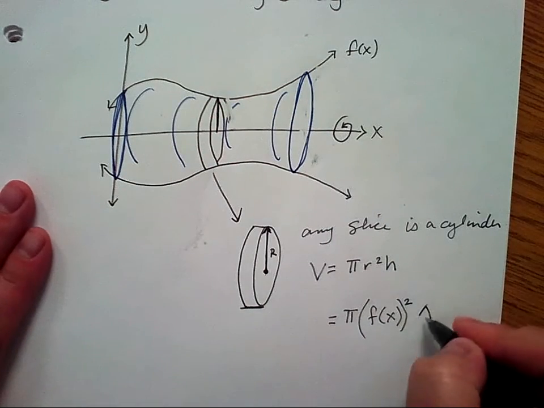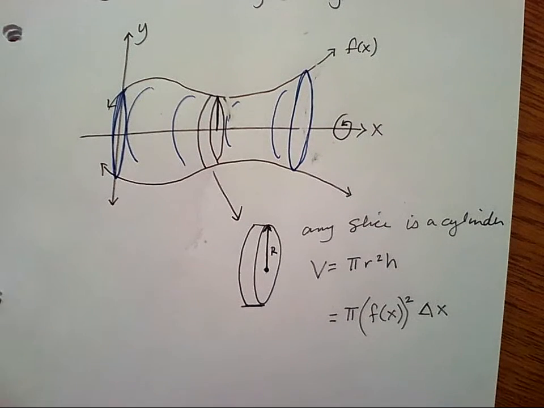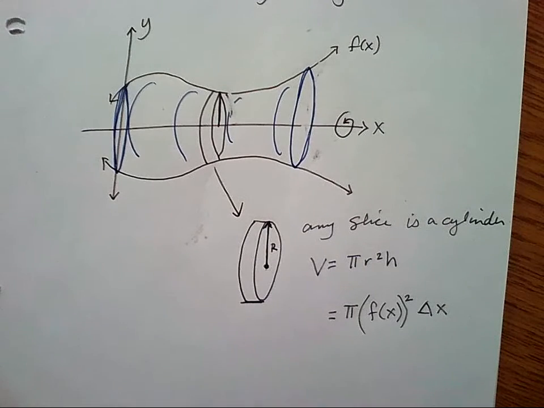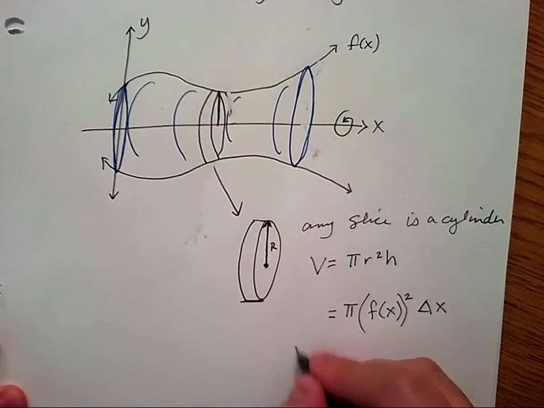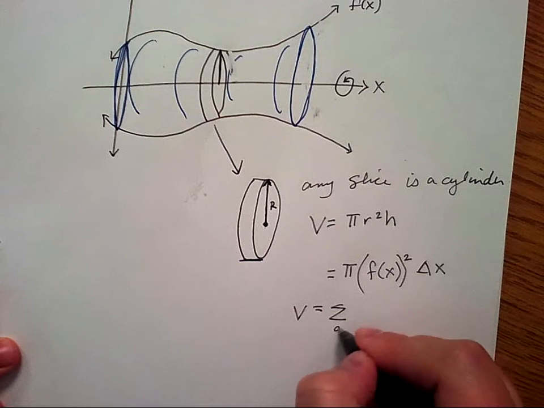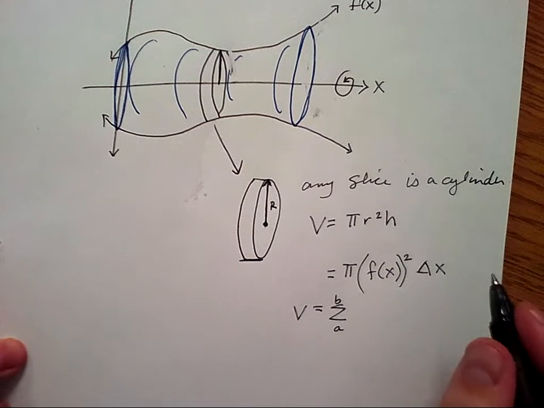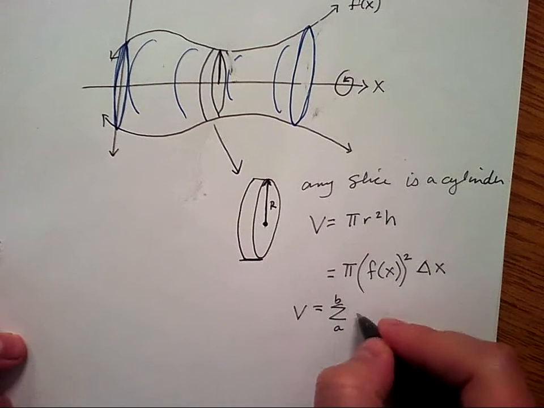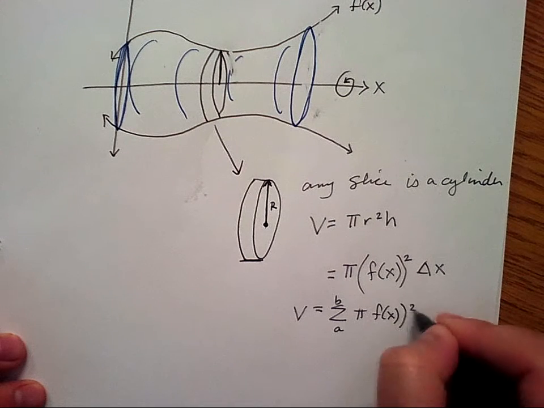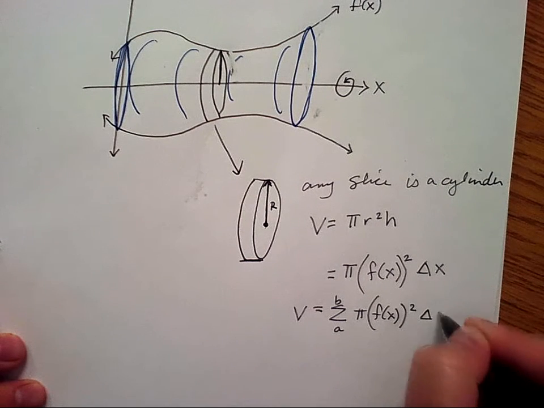So delta x. Okay, so that's the volume for one of my cylinders, right? But I have a bunch of cylinders. So I would say that the volume equals the sum from a to b of pi times f of x squared delta x.